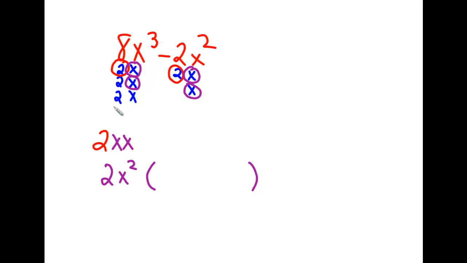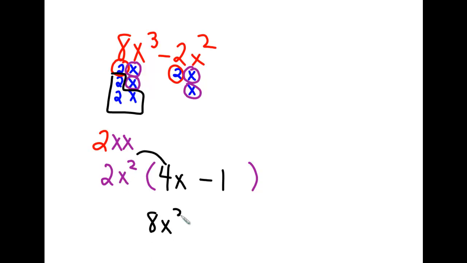What is left over in this problem is 4x, since 2 times 2 is 4x. And there's nothing left over on this side, but remember, we need to have a 1 there. So when we multiply 2x squared times 4x, we get 8x cubed. When we multiply 2x squared times negative 1, we get negative 2x squared.